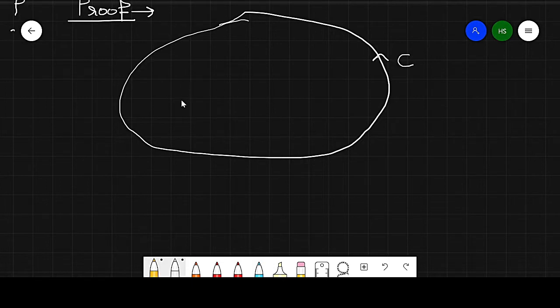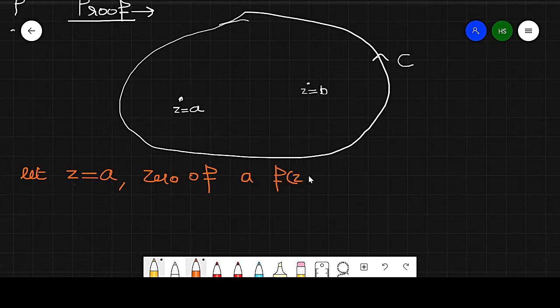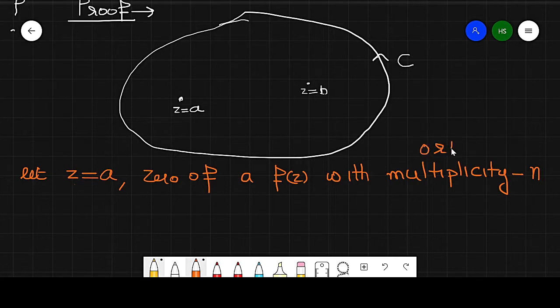Suppose this point is z equal to a, which is a zero of the function f of z with multiplicity, or order, n.